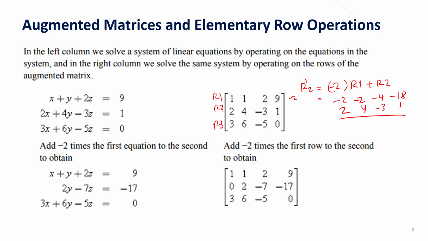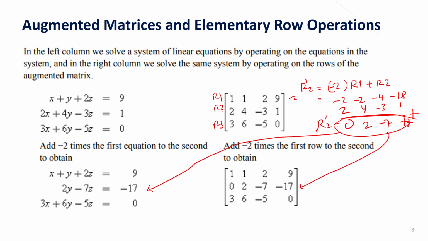Then it becomes 0, and this will become 2, this minus 7, this one minus 17. This will be the new row 2. See this one, it will replace the row 2 here, right? So this replaces it here. Then this already becomes 0.